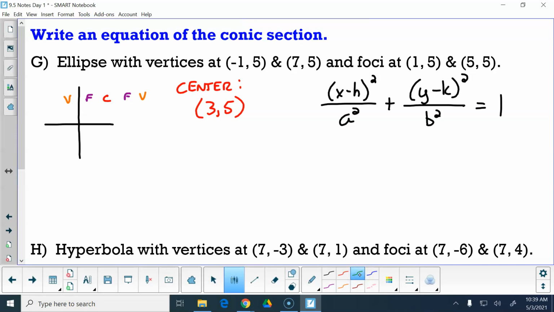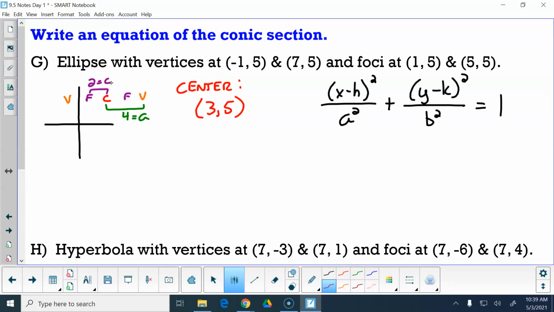Now, that is also going to give me a distance out to my vertex as 4, and that is my a value. That is also going to give me a distance to my foci as 2, and that is my c value.